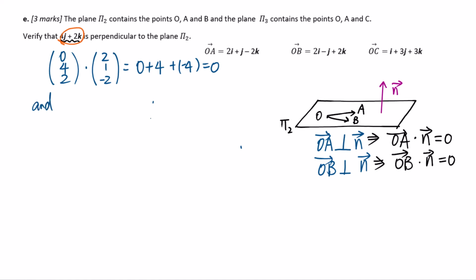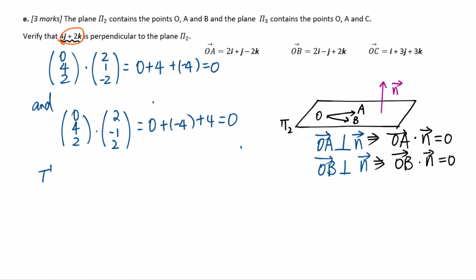And vector (0, 4, 2) dot vector OB (2, -1, 2) equals 0 plus -4 plus 4 equals 0. Therefore, vector (0, 4, 2) is perpendicular to pi2.